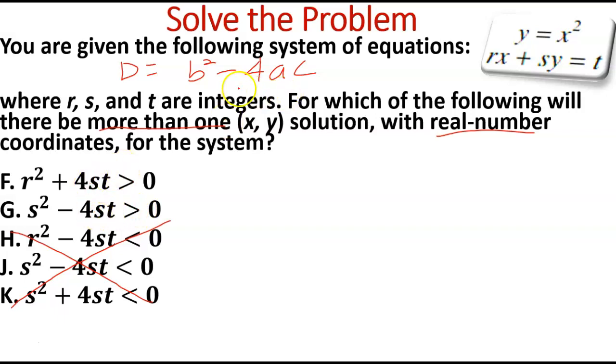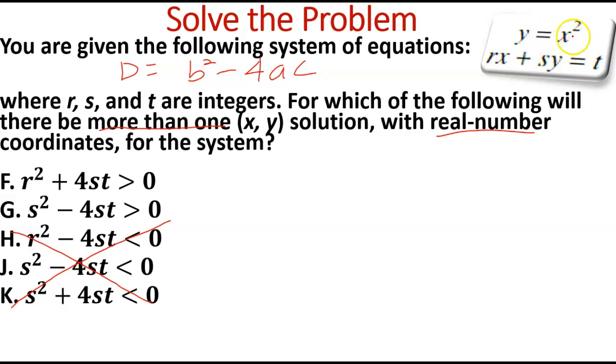If you don't simplify this, you would think, oh, it's this one because it looks like that. But what does each of these variables represent? It might be this one, I don't know. So let's work it out. First of all, solve this system of equations. Substitute, since y is already solved for.